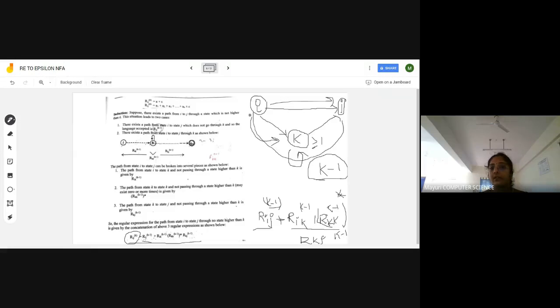Or else Rik power K minus 1 into Rkk power K minus 1 the whole star into Rkj power K minus 1. So that's about the theorem. This formula you have to remember to construct the regular expression for the finite automata. Any doubts?